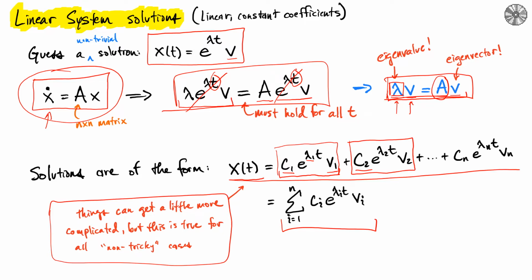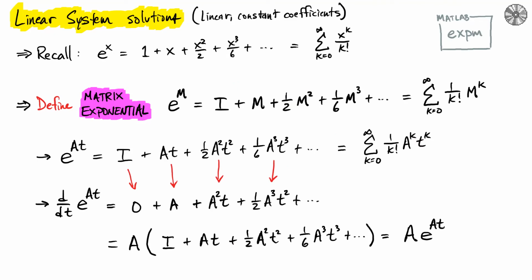Now I'm going to present an alternative way of thinking about the solution for this linear system of equations. If you remember, the expansion for e to the x, where x is just a scalar, is given by this formula.